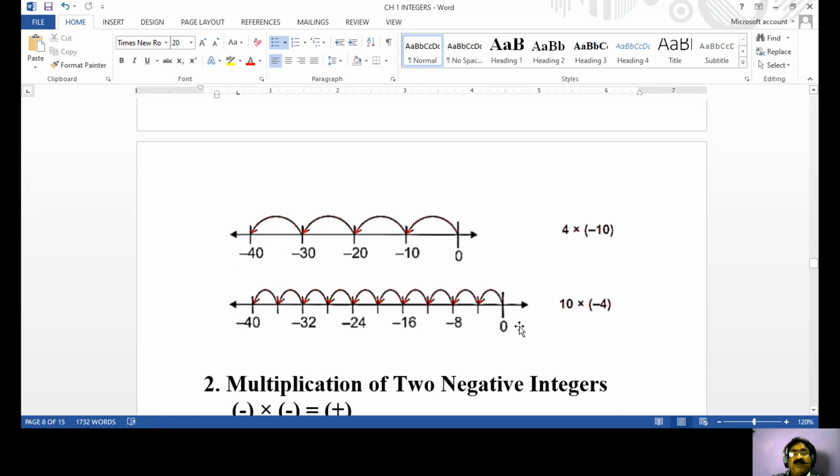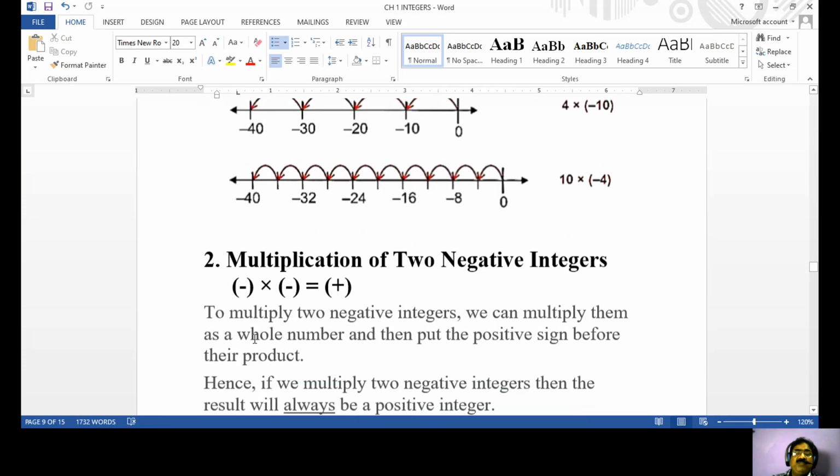And for 10 into 4, it means 4 steps, again 4 steps, and so on: 4, 8, 12, 16, 20, 24, 28, 32, 36 and 40.